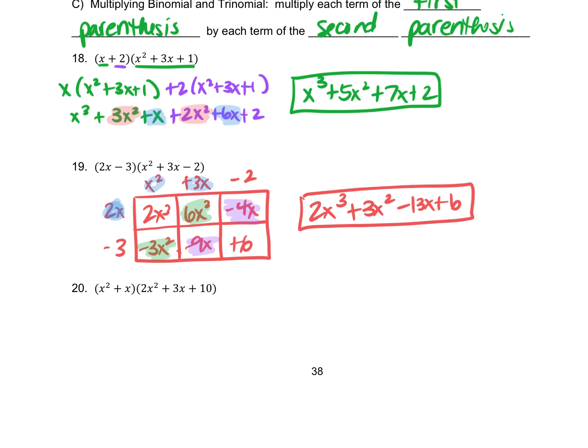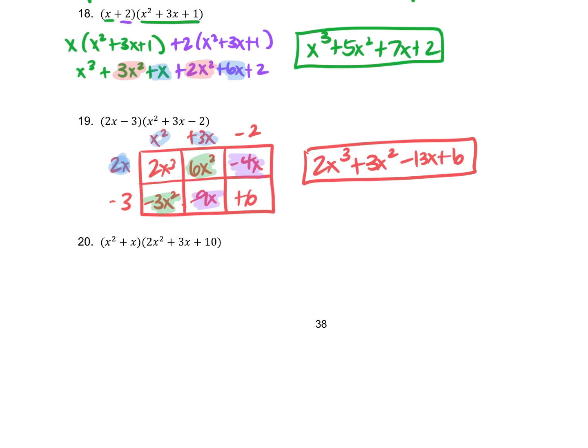Okay? Now I want you to go try number 20 on your own. Pause the video, and then you can come back and see if you got it right. So first I multiply that one to everything. So this is 2x to the 4th plus 3x to the 3rd plus 10x squared. Excuse me.